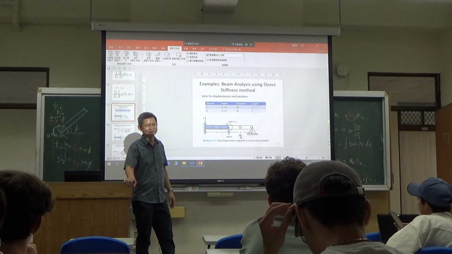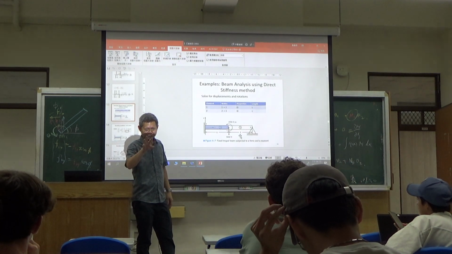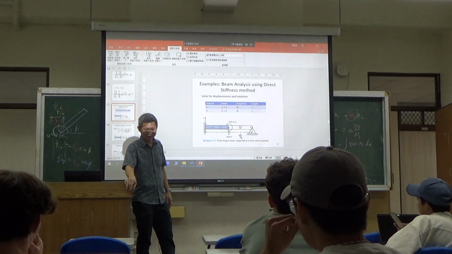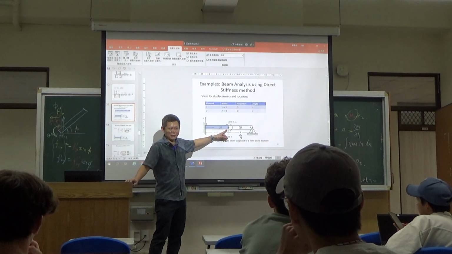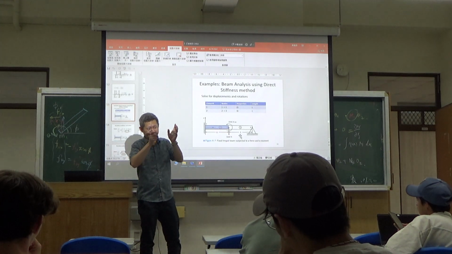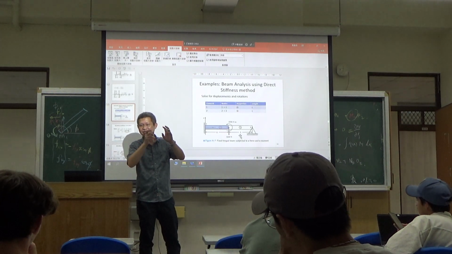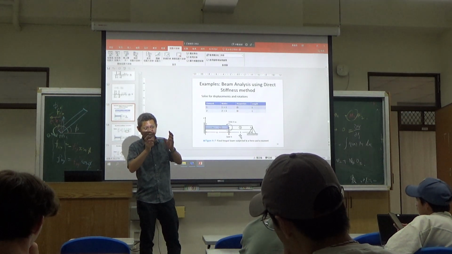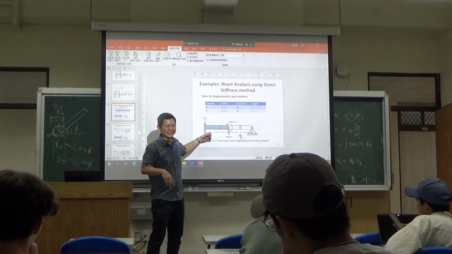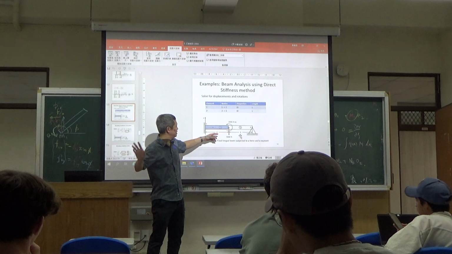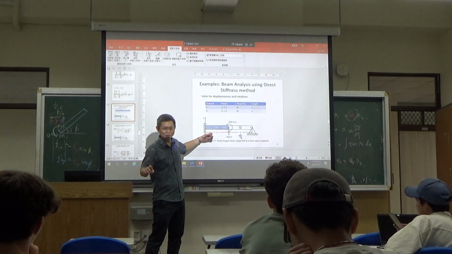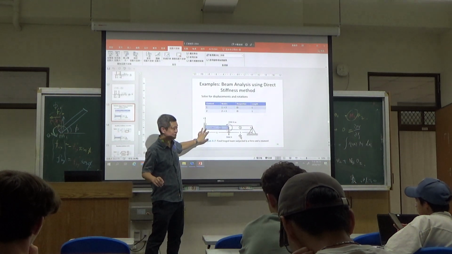That's why I'm not in a hurry to ask you to present the first one. I'll let you have some understanding of the beam. Can you go back and find out what the flexural rigidity is? This one doesn't need ANSYS calculation or derivation. Can you go back and do hand calculations?